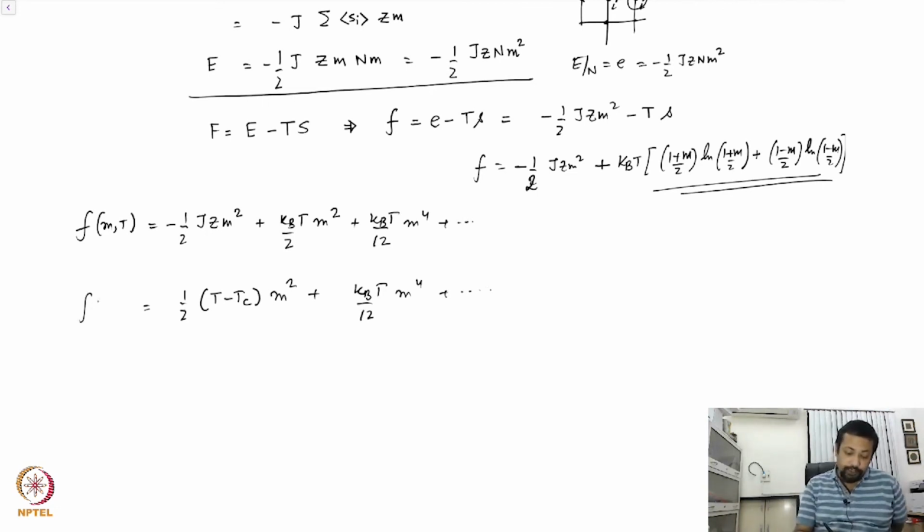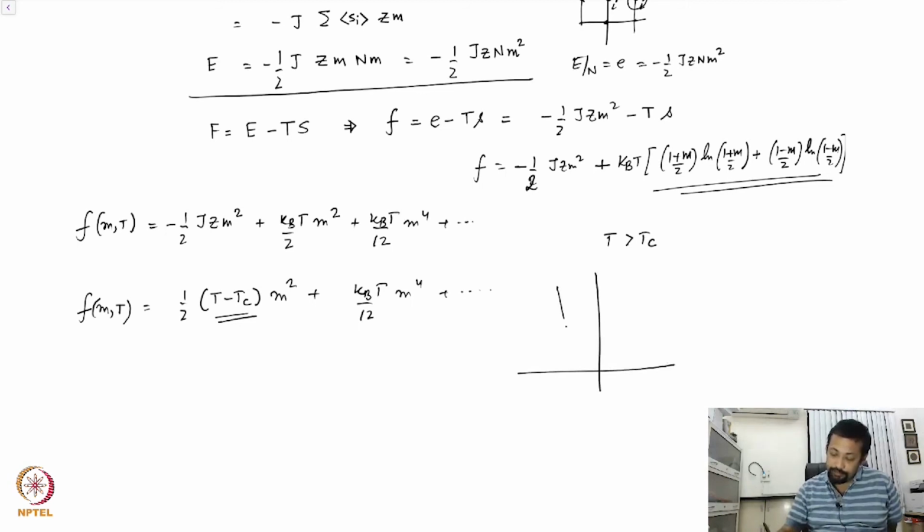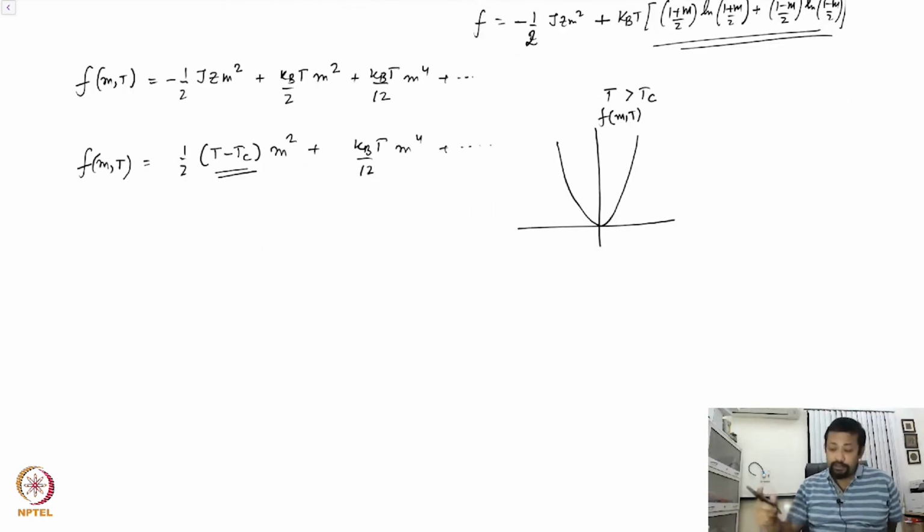If you now plot f as a function of temperature, then you clearly see that for temperatures greater than Tc, this coefficient is positive. So if I plot T greater than Tc, then of course I'm going to see something like this, f as a function of m comma T. If I plot T less than Tc, then you see that this coefficient has changed sign, and the functional form therefore changes.